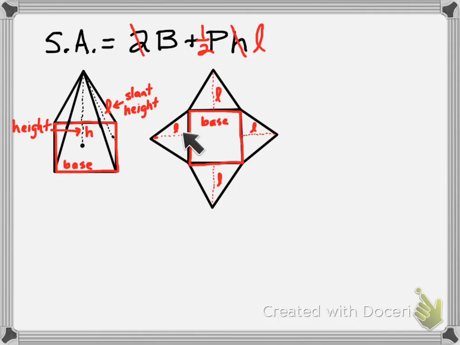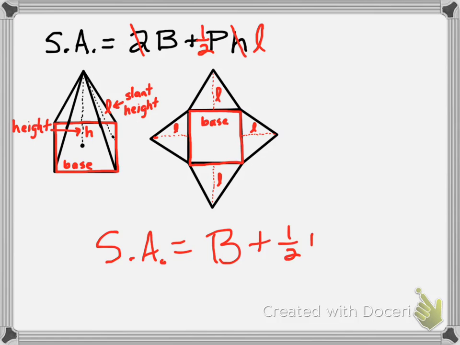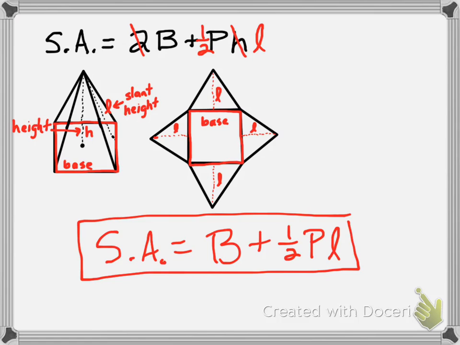The perimeter is still fine because the perimeter would be this base times the height, this base times the height, this base times the height, and so forth. But you still have to take half of it because they're all triangles. Okay, so that gives us a formula for pyramids: area of the base plus 1/2 of the perimeter of the base times the slant height.